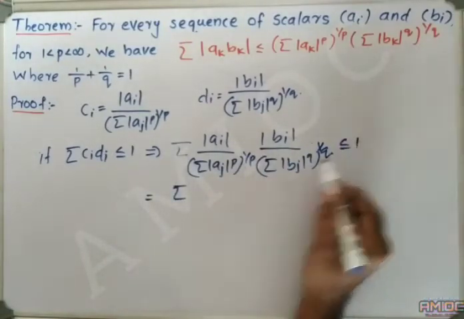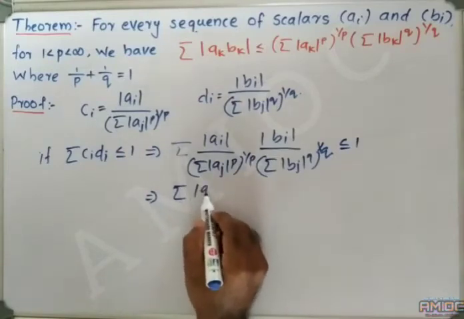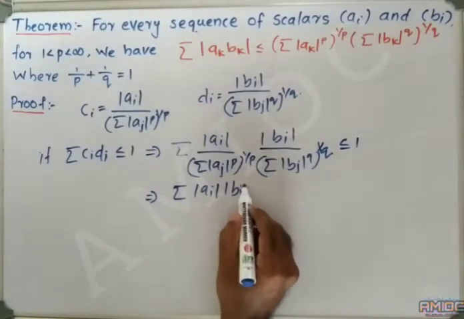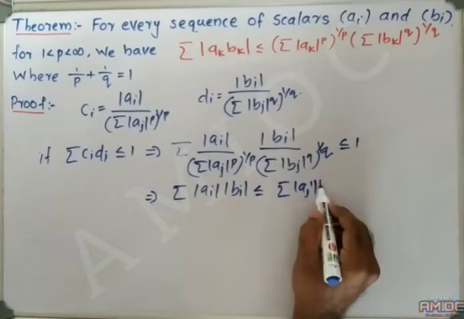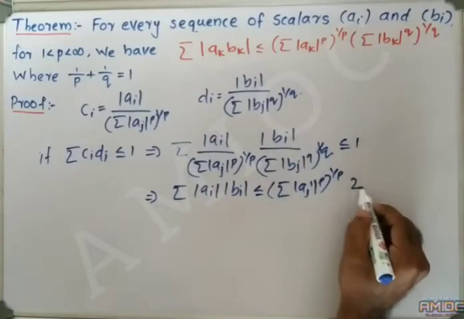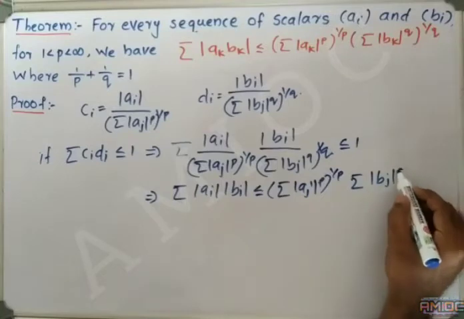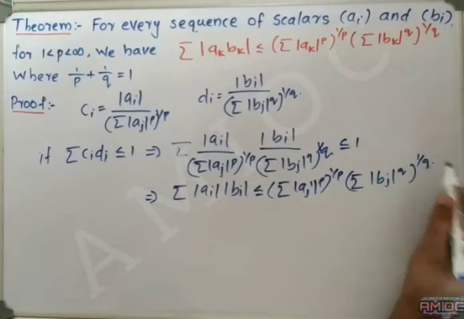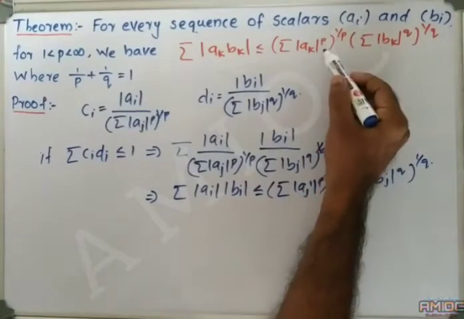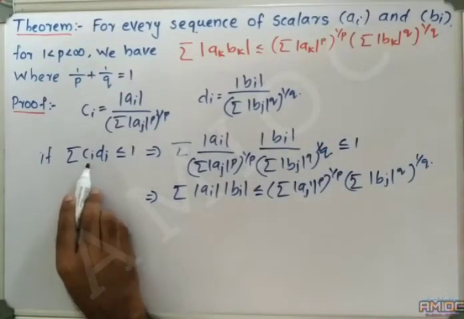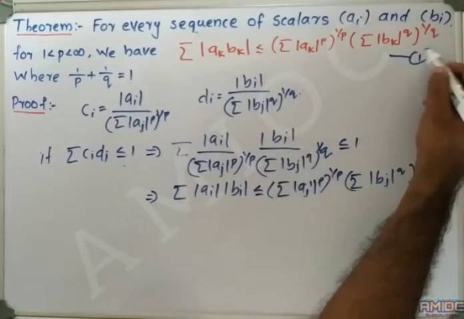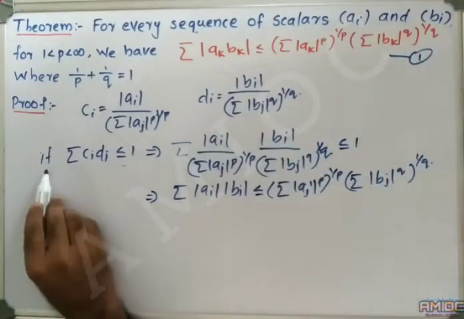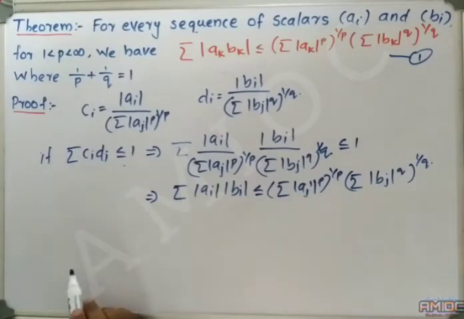Summation c_i d_i being less than or equal to 1 implies that summation |a_i||b_i| is less than or equal to (summation |a_j|^p)^(1/p) into (summation |b_j|^q)^(1/q). So this inequality will hold if summation c_i d_i is less than or equal to 1. So it is enough to show this inequality holds.